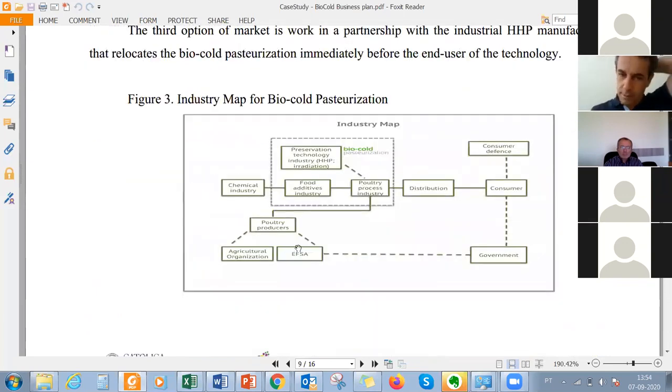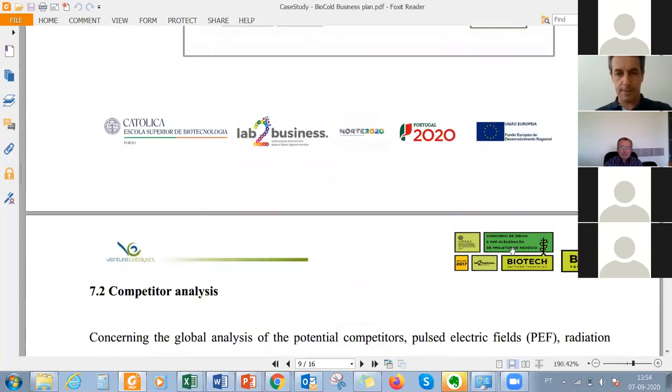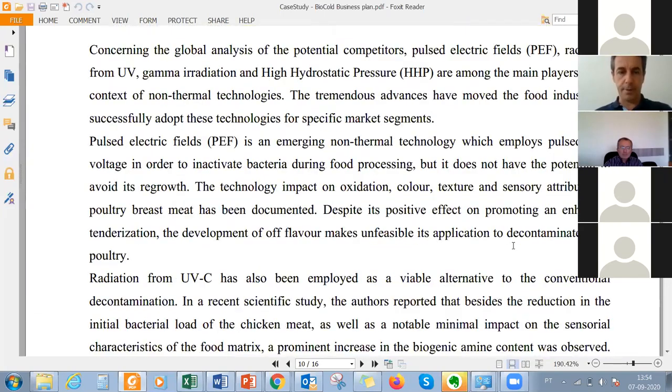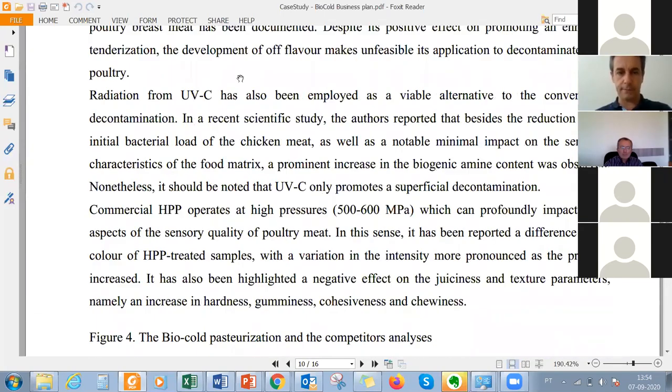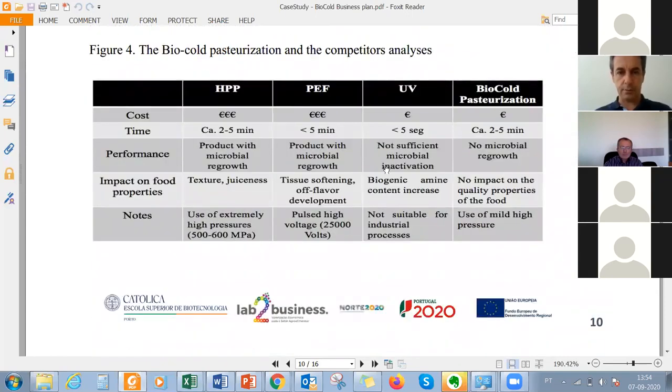So the industry map. What are the different products they need, and how this has relations to other external environments. So in terms of regulation, European regulation, national regulation. So the competitors: they have competitors with other technologies, just the normal HPP.